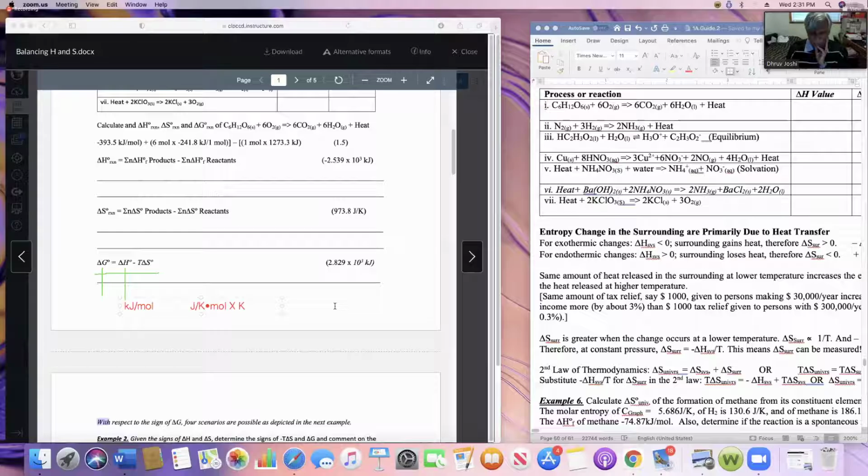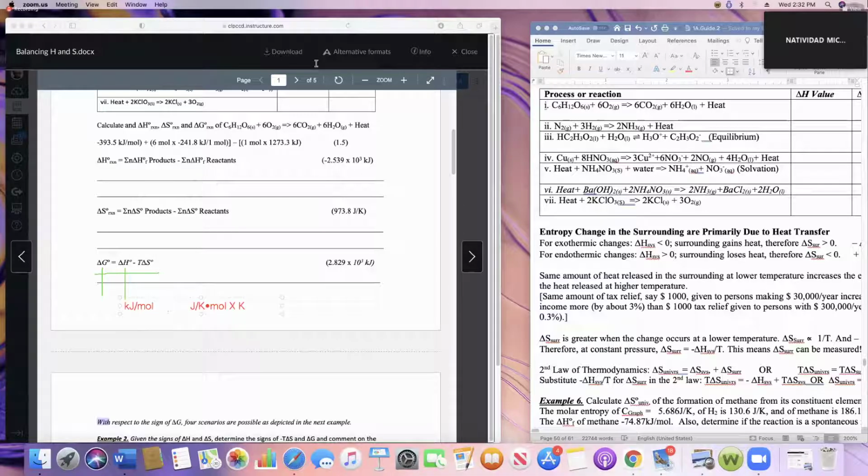Michael, tell me, when we are adding things, can we add things with different units? Can we add joules to temperature? No. What units are we adding together or subtracting here?